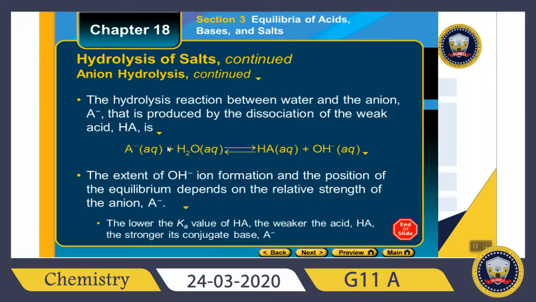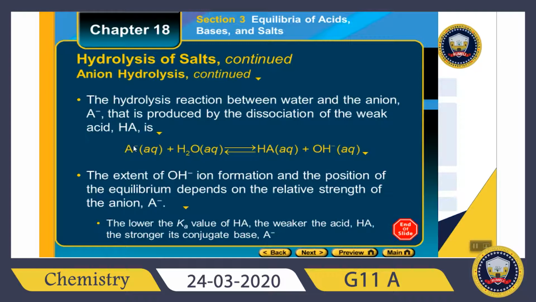This A negative, which is the anion part of this acid, will be hydrolyzed in water to form what? To form HA plus OH. This OH will reflect the increase in the basicity of the reaction between weak acid and strong base. The extent of OH ion formation and the position of the equilibrium depend on the relative strength of the anion part. This anion part comes from what? From the weak acid.